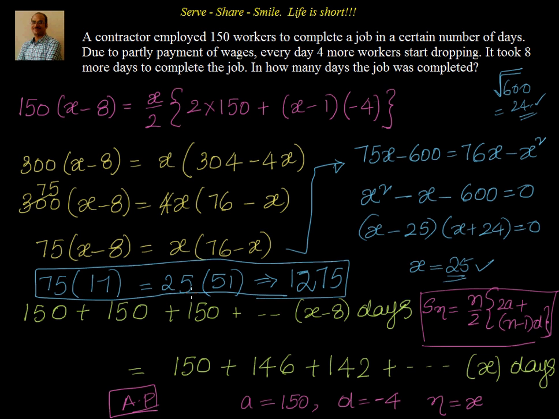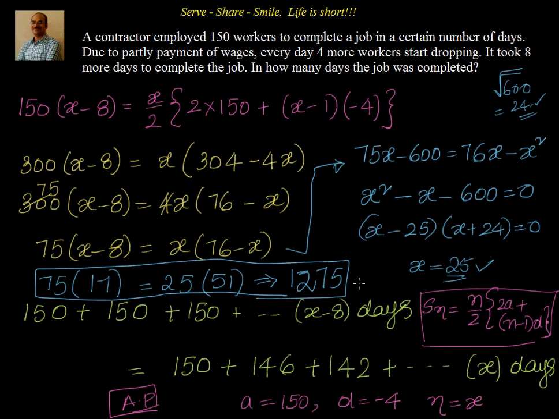But due to an unfortunate situation, he was unable to pay the daily wages completely. He was doing only partial payment, so they got dissatisfied and dropped out from the work. We are taking liberty here and saying that every day 4 more workers are dropping, so that creates an arithmetic progression.